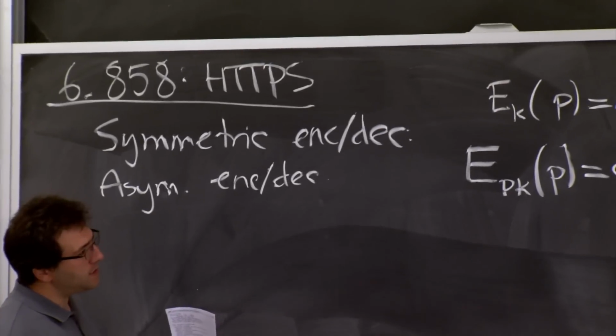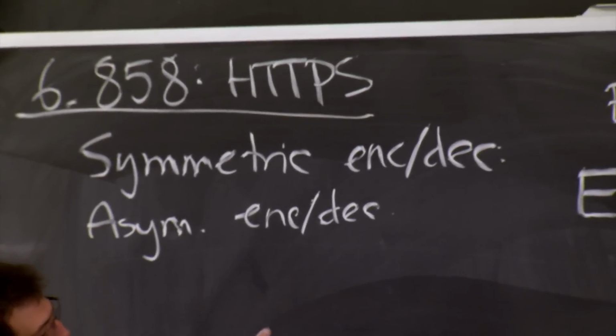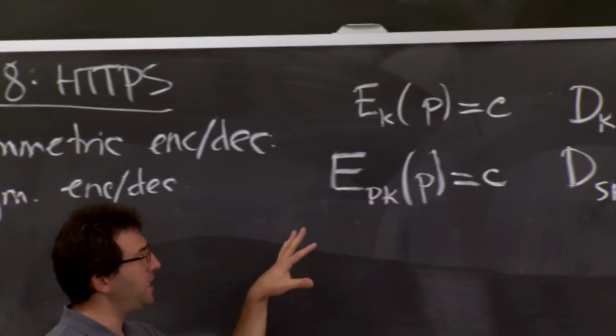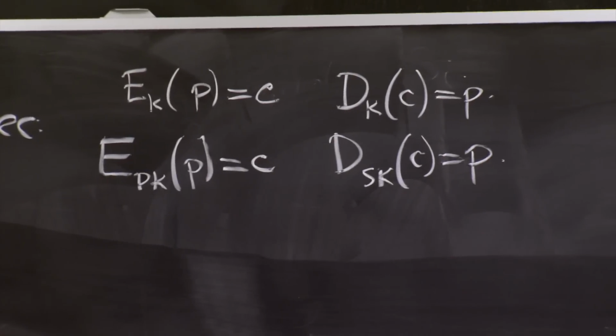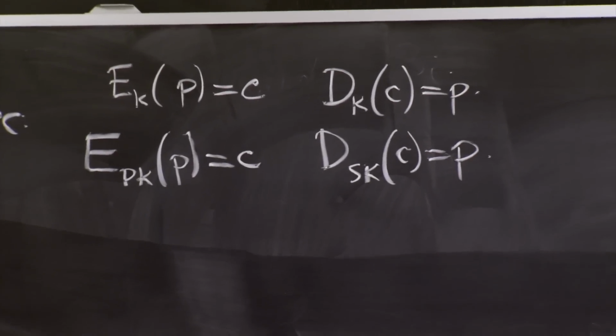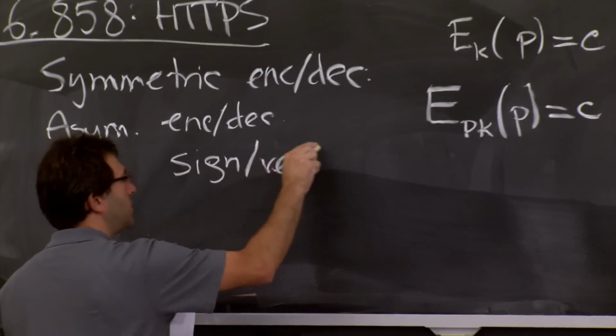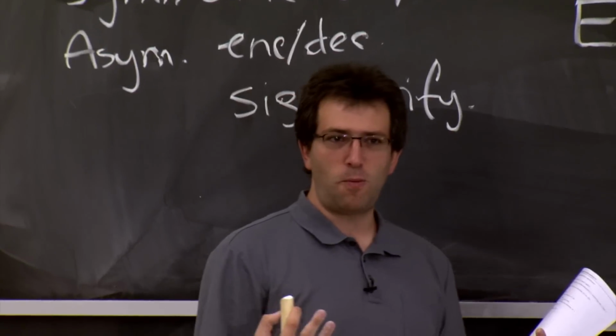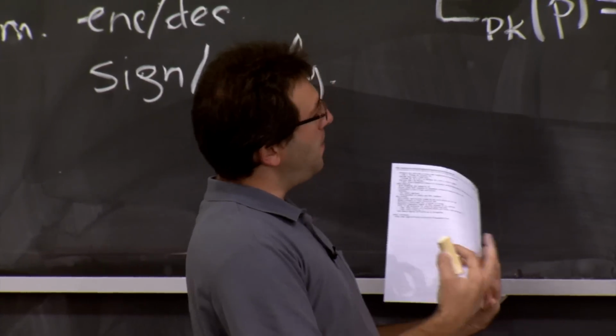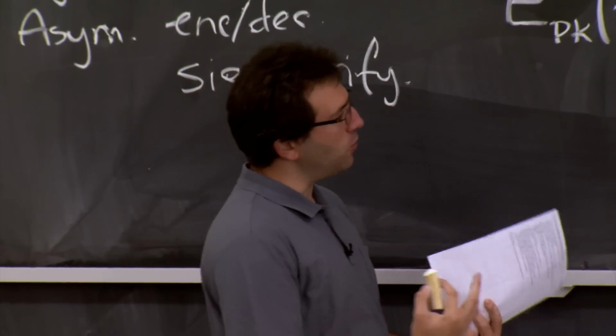In practice, you often use public key crypto in a slightly different way. Instead of encrypting and decrypting messages, you might actually want to sign or verify messages. It turns out that at the implementation level, these are related operations, but at an API level, they might look a little bit different.